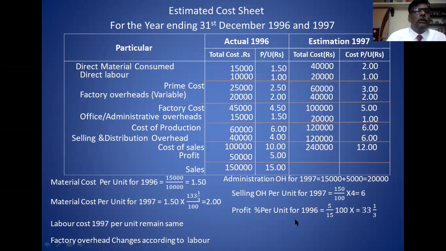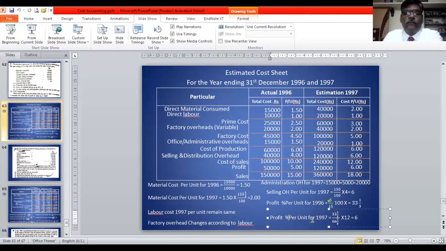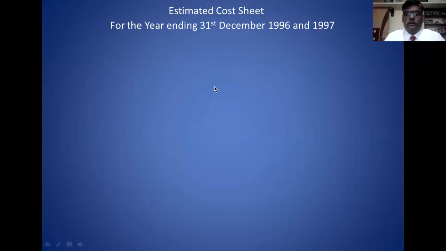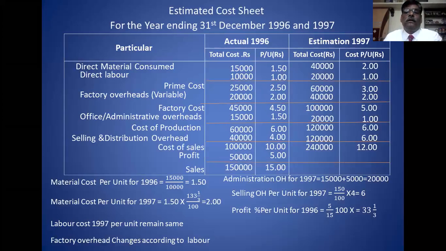Then we calculate the profit for the year 1997. Profit per unit for the year 1997.